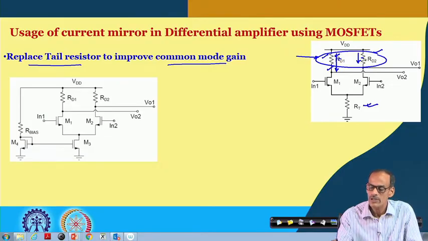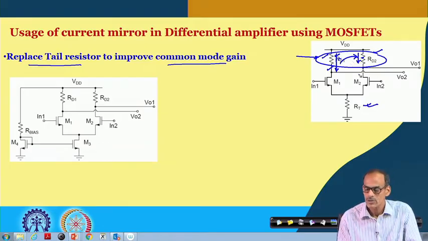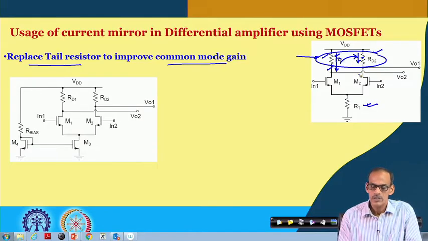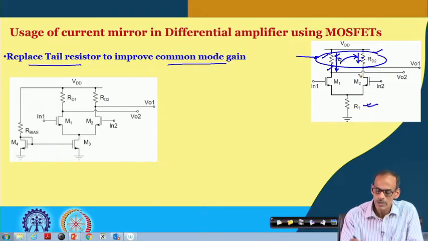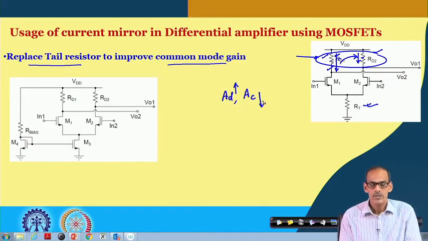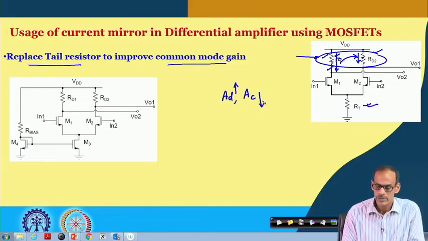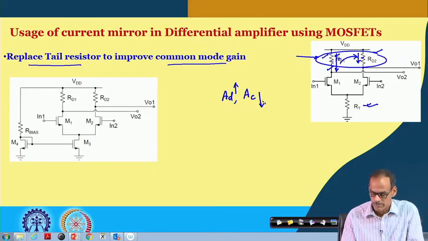Once you make the current mirror here, obviously the signal also propagates from left to right through that current mirror, and its consequence is that it improves both the differential mode gain as well as the common mode gain, which means that the active current mirror load improves the differential mode gain and decreases the common mode gain. So, let us see one by one how the utilization of current mirror can be deployed to improve the performance of differential amplifier.